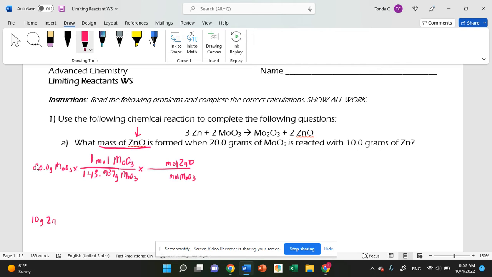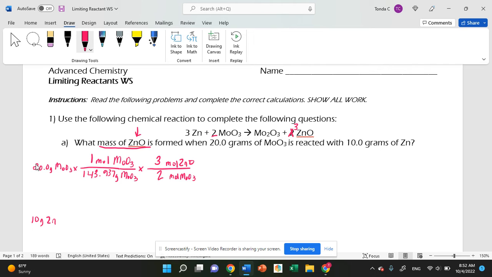This is really the only time you need the balanced chemical equation, for your mole ratio. So here I'm going to find MoO3 and see that it is 2. Here, this one's not balanced correctly. This should be a 3. For ZnO, this is a 3. And that helps me cancel out moles of my MoO3.